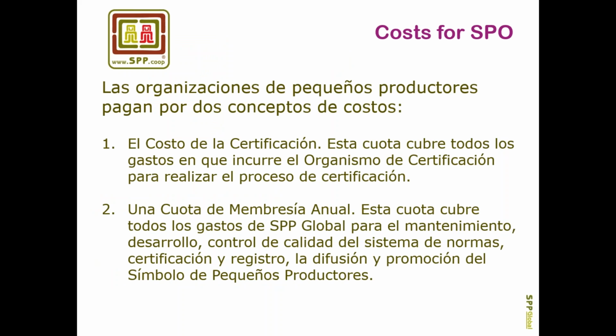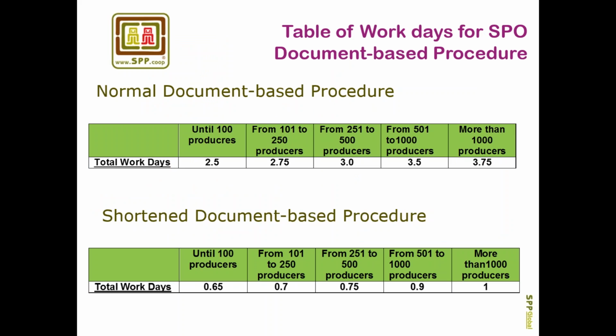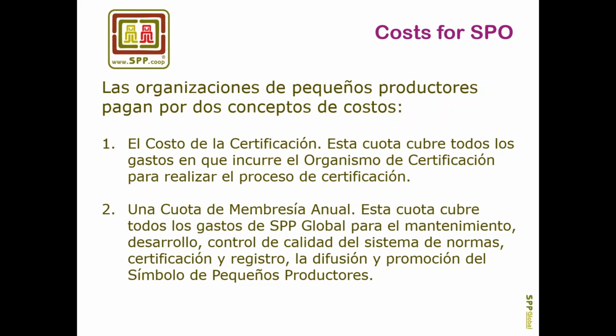In this document, the costs for small producers organizations are specified. It is in the first chapters of the document. Oh, I'm sorry, this is in Spanish. I have a mistake here. They pay for two concepts.